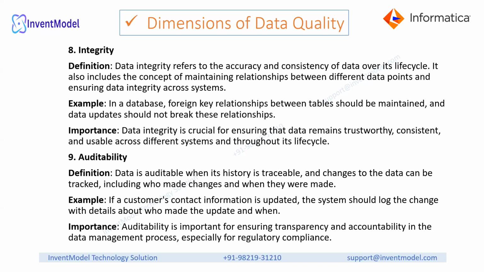Data is auditable when its history is traceable and changes to the data can be tracked, including who made the changes and when the changes were made. For example, if a customer's contact information is updated, the system should log the change with details about who made the update and when that update was done.